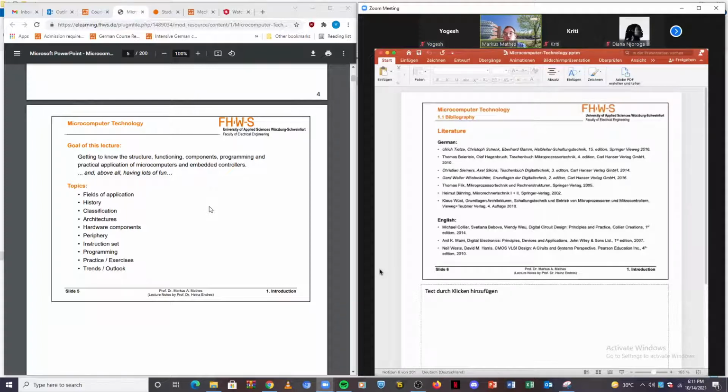Here is the literature that you can use. Again, we have some German books if you also want to learn the language and study in German, and we have some English books. I won't read the authors now. You can simply search for these books in our library, or you can use our online portal to borrow the books online.